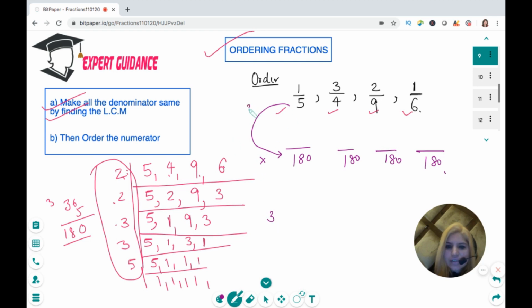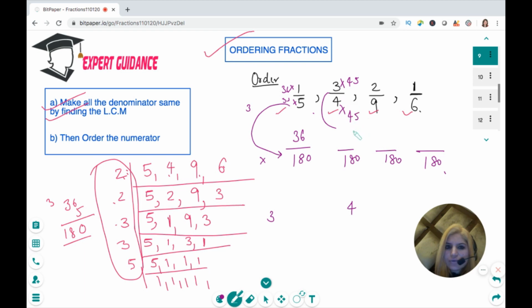So you multiply the numerator by 36 and the denominator by 36. So that becomes 36 over 180. Now what number do you multiply 4 with to get 180? That becomes 45. So you multiply the top by 45 and the bottom as well by 45.